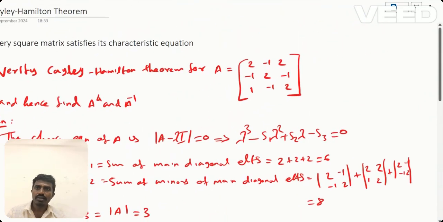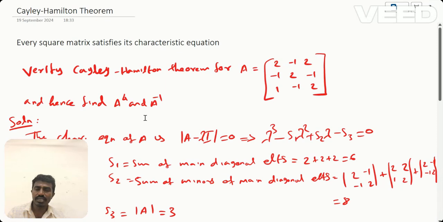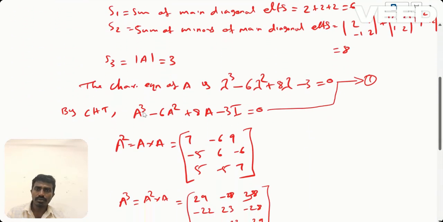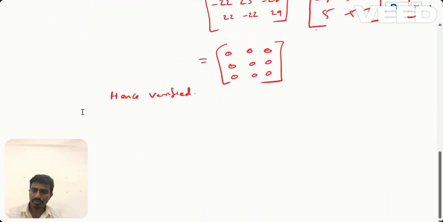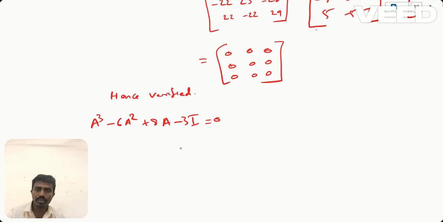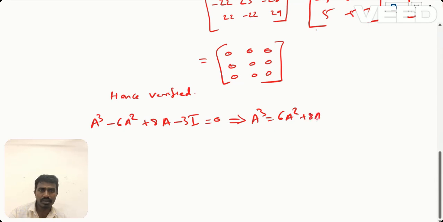Next question is: and hence find A power 4 and A inverse. You know, by the Cayley Hamilton theorem, we get this equation. From this, first find A cube equal to 6A square plus 8A minus, we are going to take to the other side, so it will be minus and here it will be plus 3I.